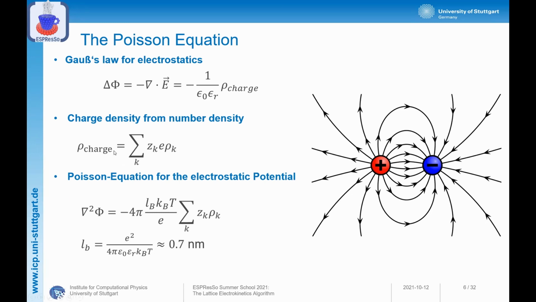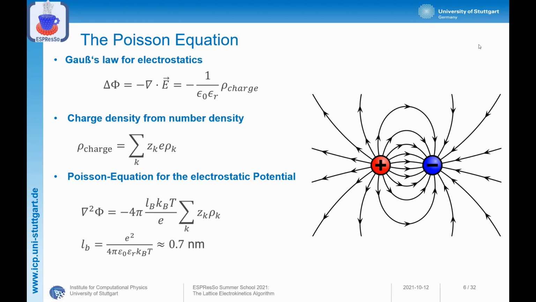And then if we plug this rho charge in here, we end up with the equation below, which looks a bit complicated when it comes to prefactors, because we have introduced the Bjerrum length here, which is kind of the length scale at which electrostatic interaction becomes comparable to thermal noise. So this gives us a measure of how strong the electrostatics are in that system.